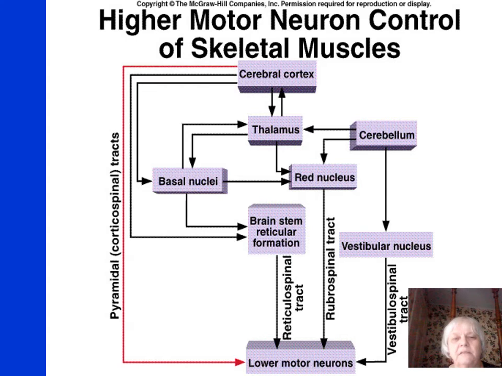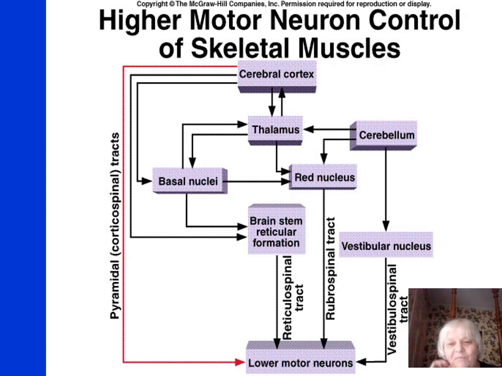So this is another diagram of a different type, and it shows you at the top the cerebral cortex. It is controlling by way of the pyramidal corticospinal tracts. You see in red the arrow on your left. It's controlling the lower motor neurons. It is also sending messages to the thalamus, which sends a message to your red nucleus, which sends a message through your rubrospinal tract.